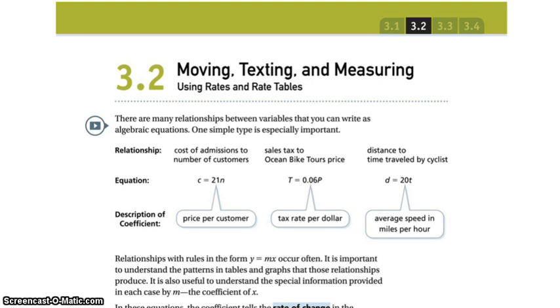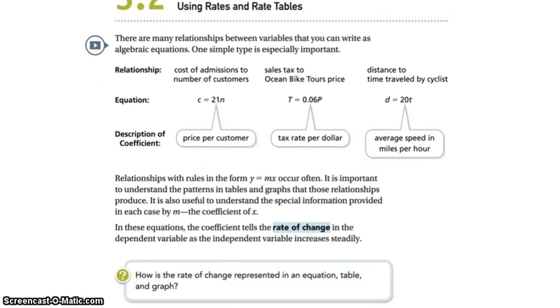So I'm going to take a moment here and kind of summarize this next paragraph, which says that y equals mx is a relationship that occurs often. It's important to understand that that relationship often shows up in linear graphs, okay?